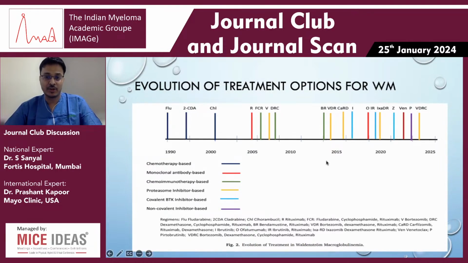Then came combination chemotherapy including rituximab plus chemotherapy like BR, as well as bortezomib plus chemotherapy like bortezomib dexamethasone rituximab. With the onset of ibrutinib in 2018, the paradigm has again changed, and now we are looking at BTK inhibitors with or without venetoclax, along with some patients still requiring chemoimmunotherapy.